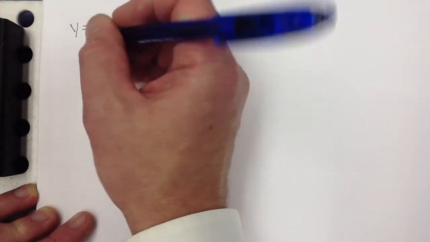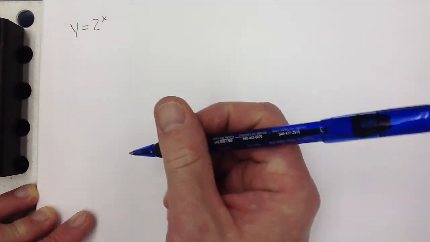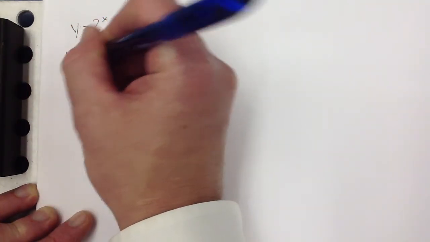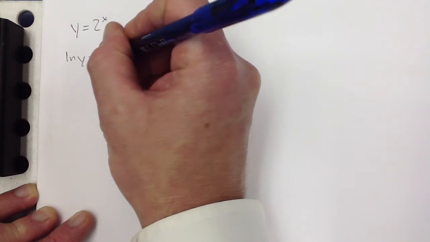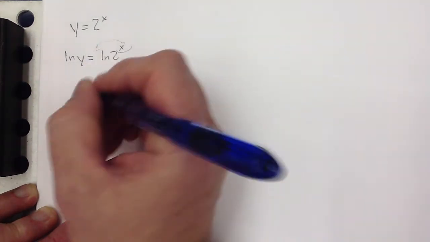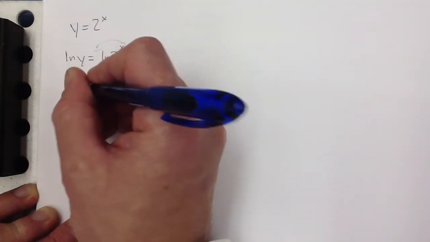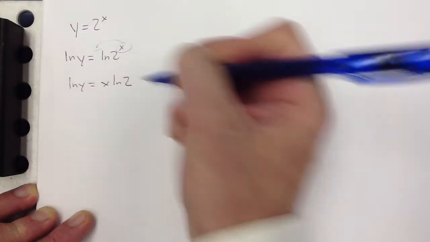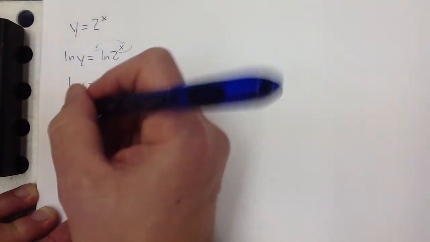Okay, you're back. So we'll use logarithmic differentiation. Right? I'll take the natural log of both sides, and then that gets to come out to the front. So that's natural log y is equal to x times the natural log of 2. Take the derivative of both sides.